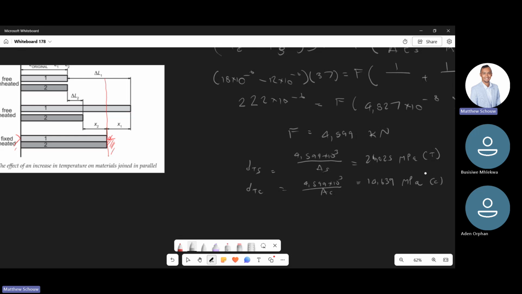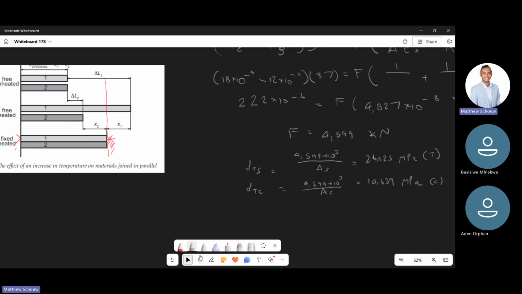As a shorthand, the one which extends faster gets compressed, and the other one, attached to it, gets pulled along, and therefore it's in tension. I don't know if that makes sense to you.